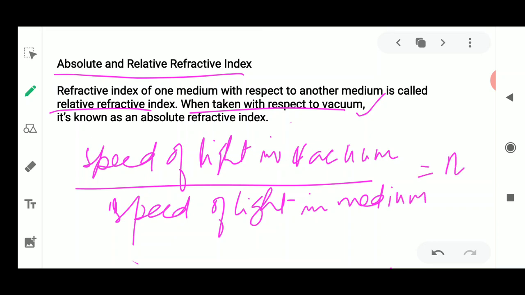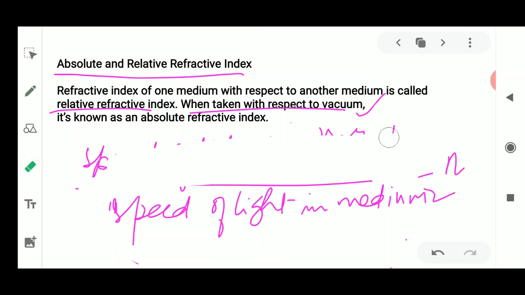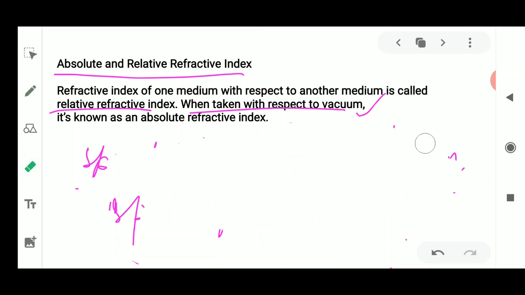Okay, this is known as the refractive index. Fine. Now if instead of writing vacuum, we write medium number 1 and this is medium number 2, so this is known as the relative refractive index. Okay, so this was all about the absolute and the relative refractive index.